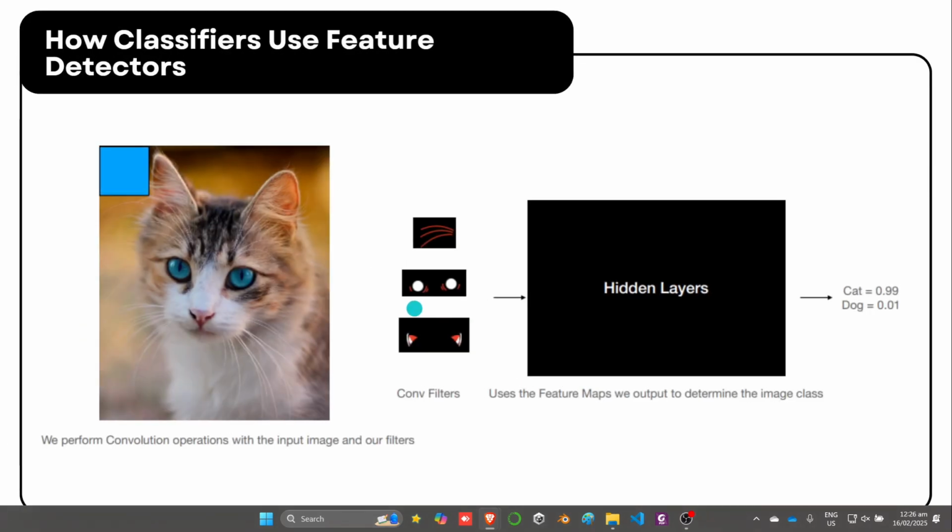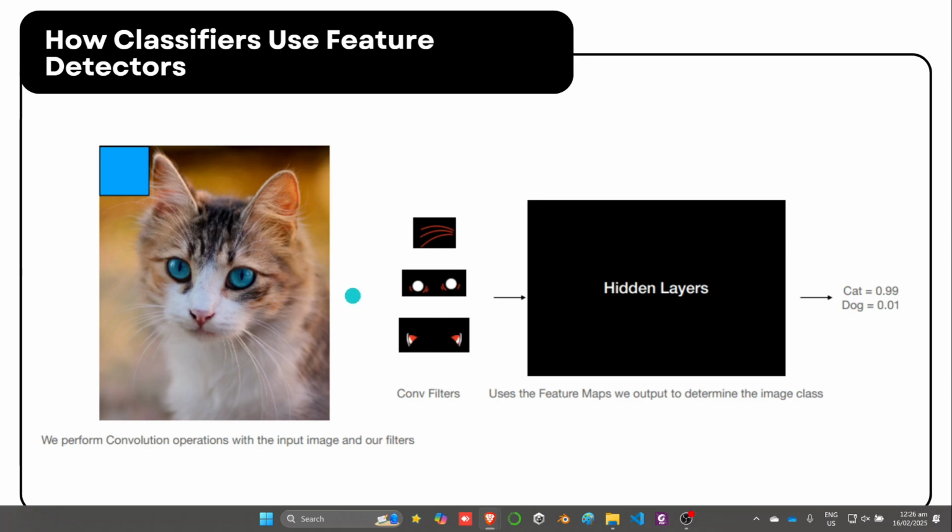So what do the convolutional filters look for? Imagine we had trained a CNN to detect cats.